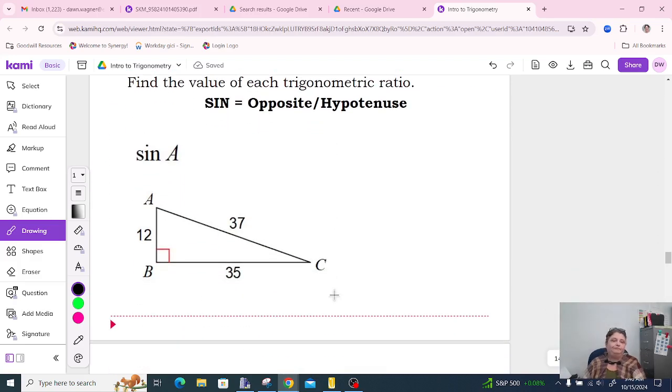Okay, one more. Where do I put my finger? A. So my finger's here. Where's opposite of A? 35. What is your hypotenuse? And where's adjacent? You guys have been doing this forever.